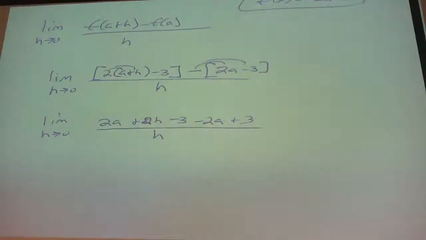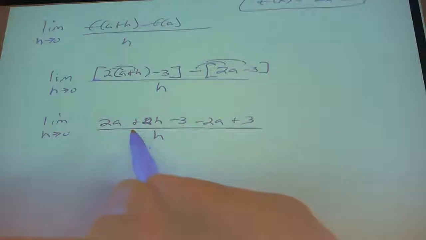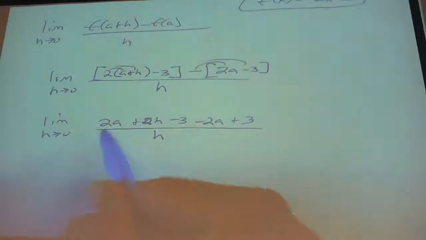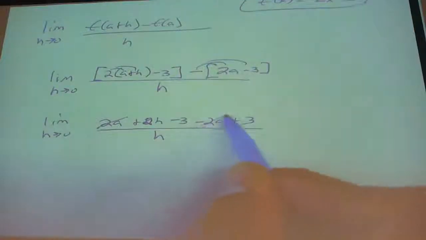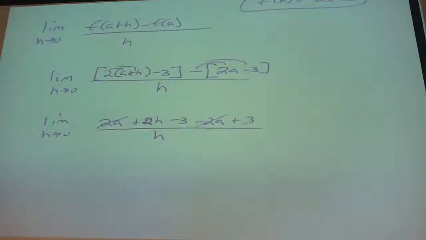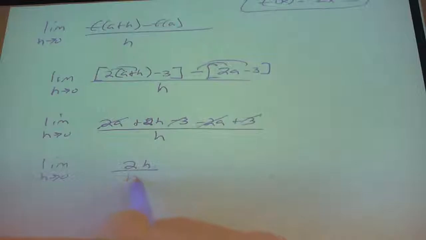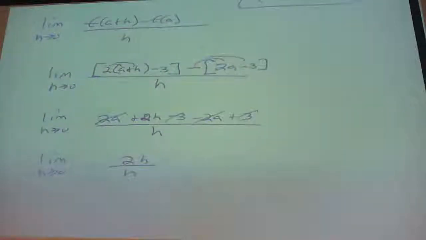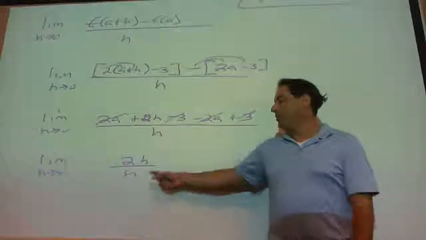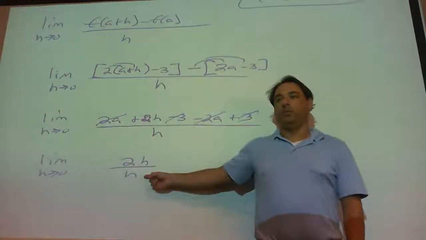What happens to the numerator? 2a minus 2a. What else happens? So what I'm left with is 2h over h.